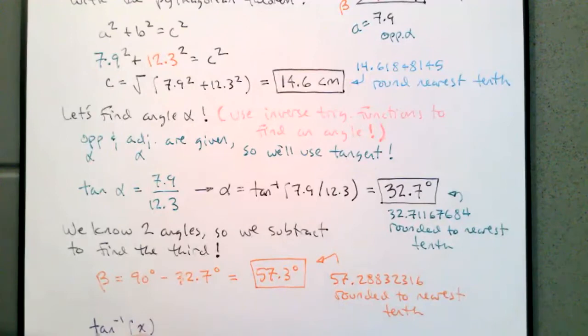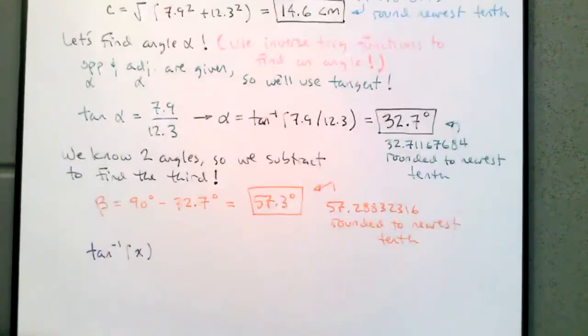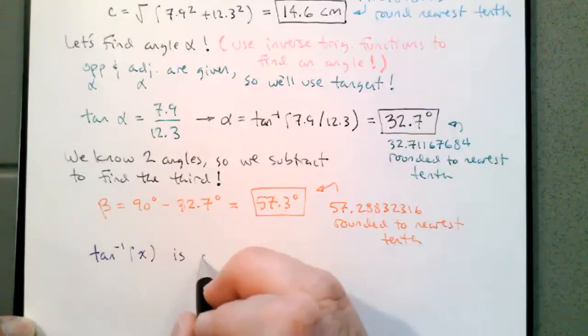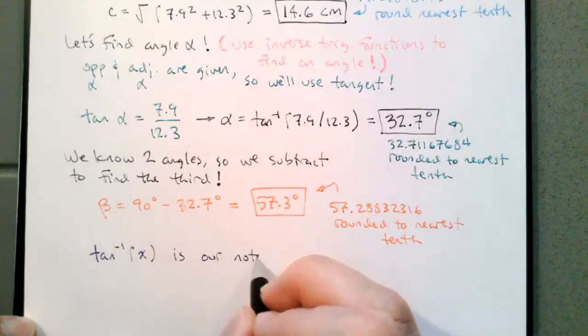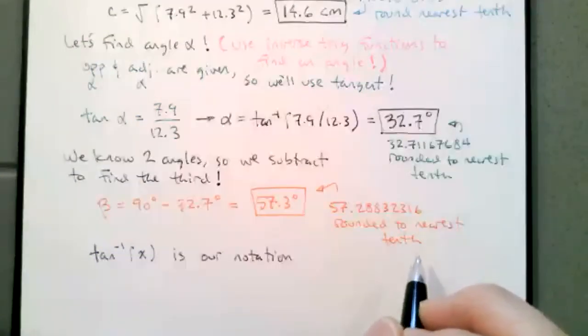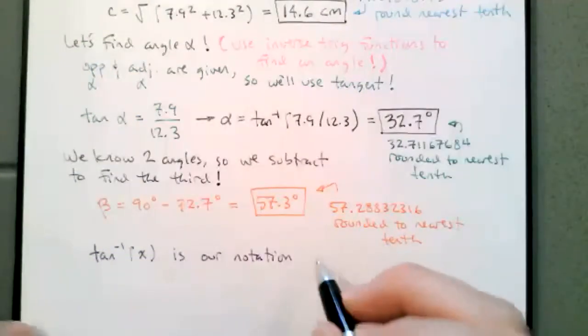But when we write tangent to the -1, it's not a -1 exponent. It's an abbreviation for inverse tangent. So tangent to the -1x is our notation for inverse tangent.